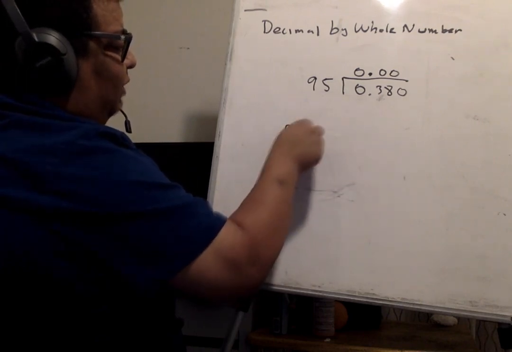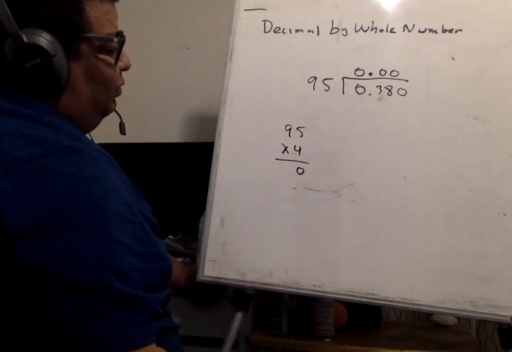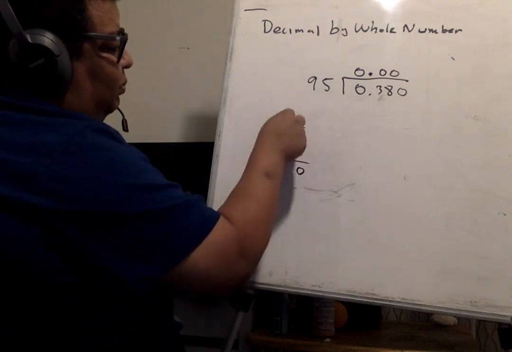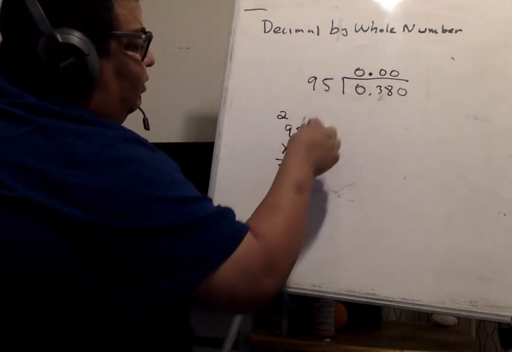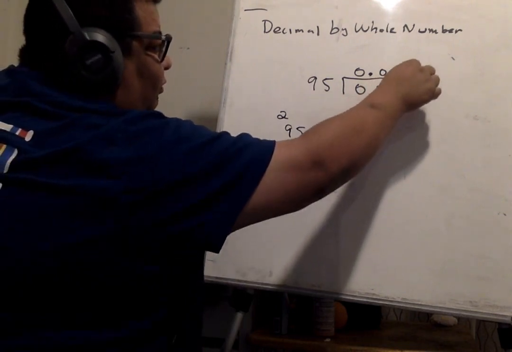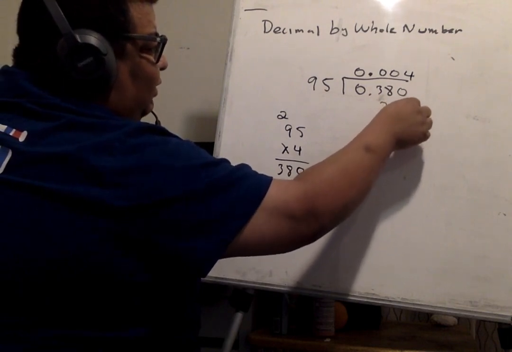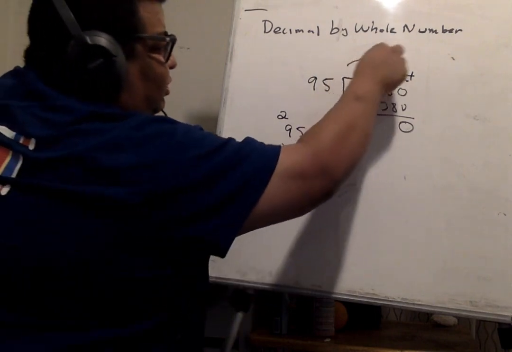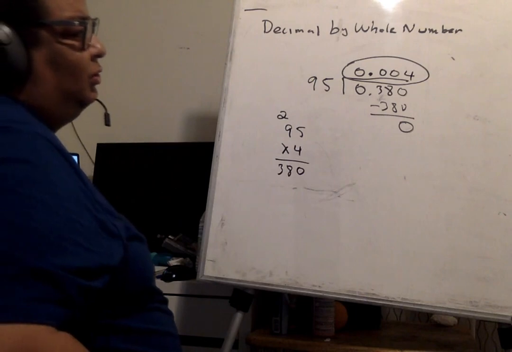So let's see what happens. 95 times 4. 5 times 4, 20, carry 2. 9 times 4, 36 plus 2, 380. Oh, that's right. So now we put 4 here, and now 95 times 4, that's 380, remainder 0. So we found our quotient. So this is our quotient, 0.004.